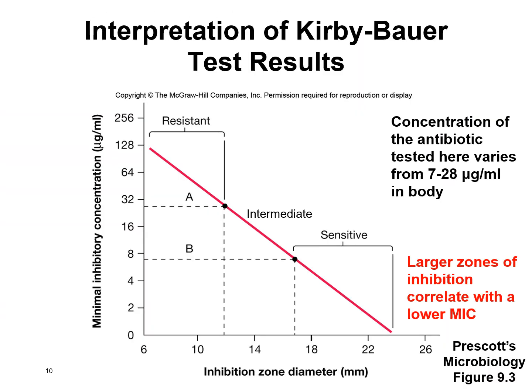Then we go and take a look at our graph here, and for the particular antibiotic we're looking at, let's say amikacin. For amikacin, let's say we know that at the doses we give patients, the level of amikacin will be somewhere between 7 to 28 micrograms per mL in the body.